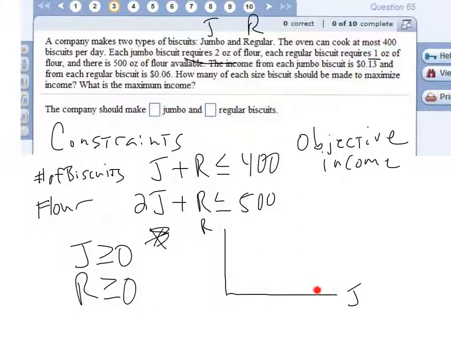If I'm looking for the j-intercept for the number of biscuits, r is equal to 0, right? So when r equals 0, I can make 400 jumbo biscuits. And when j equals 0, I can make 400 regular biscuits. So I've got this inequality, and I've got this shaded area.